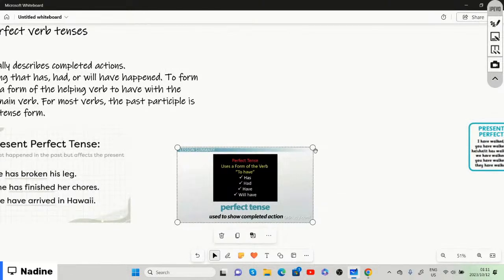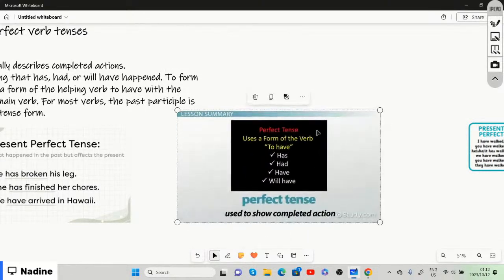So now if we also look at these words, the perfect tenses. We said that the perfect tenses use a form of the verb to have, which is has, had, or have. So has, had, have, or will have, and that shows the perfect tense.